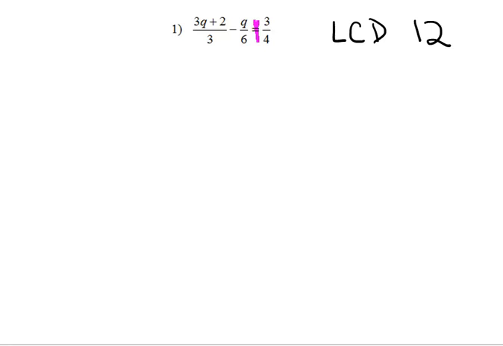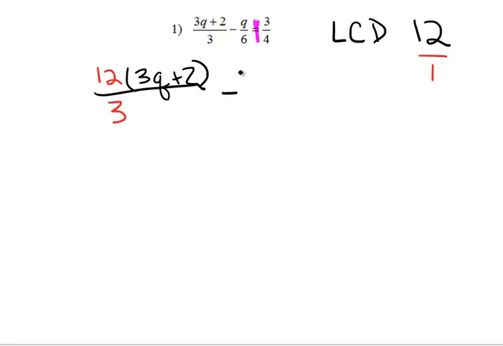And this is actually kind of cool what we're going to do here. I'm going to take 12 over 1 and multiply each term in this equation by that number. So I'm going to have 12 times (3q plus 2) over 3. I'm leaving those alone. Pay attention, this is pretty cool.